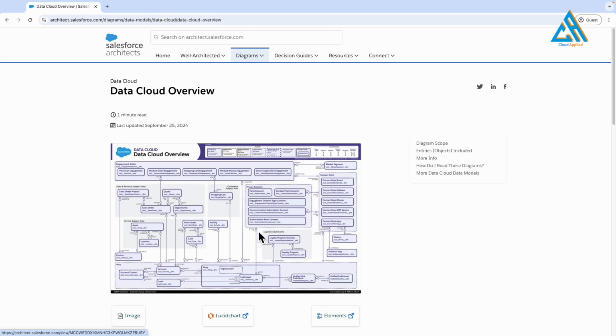Isn't that exciting? It's like we are learning ERD as well as understanding Salesforce's hotshot product offering Data Cloud in one go. Yeah, for me it's like hitting two birds with one shot. Without any delay, let's get started.